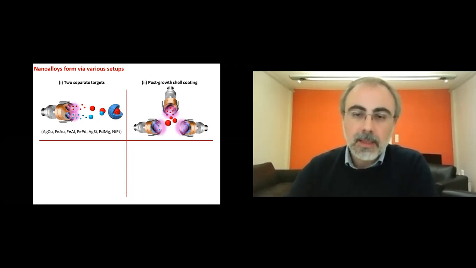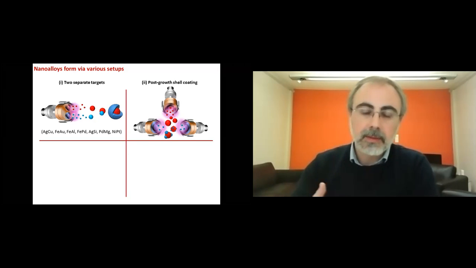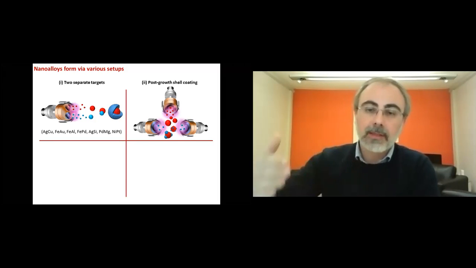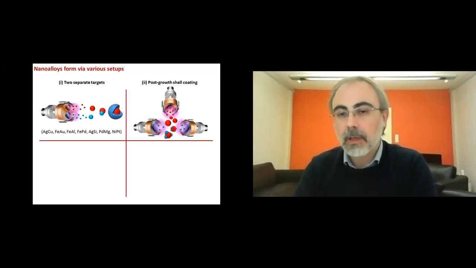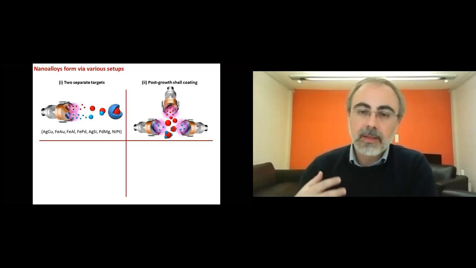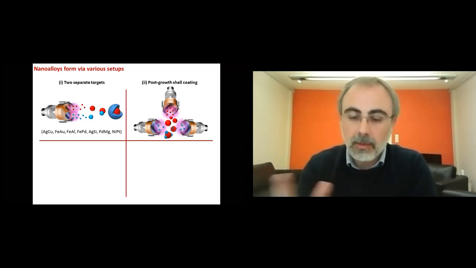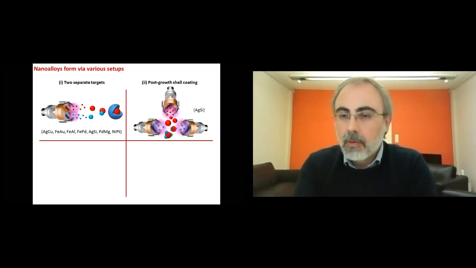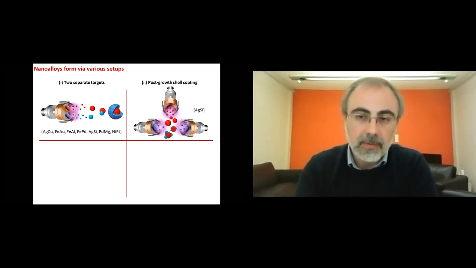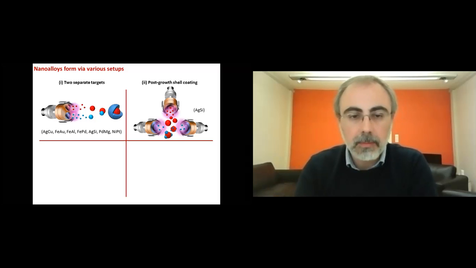You form the clusters, and then you sputter an extra material using a sequential growth system, which then the second phase lands on the first particle, creating a shell, partial shell or satellites or whatever. We've done work on silicon silver system using this setup.